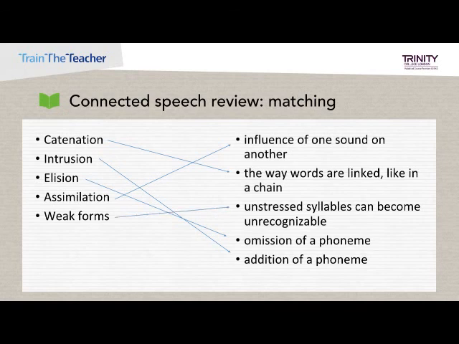And finally, we have weak forms, which is when unstressed syllables become unrecognizable to non-native speakers. They might know what the word and means, but when they hear it in an expression like fish and chips, they can't recognize it. You'll find other rules for linkage on page 5 of your task sheet for your reference.